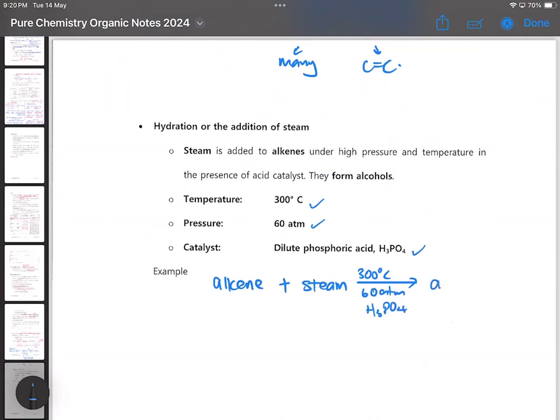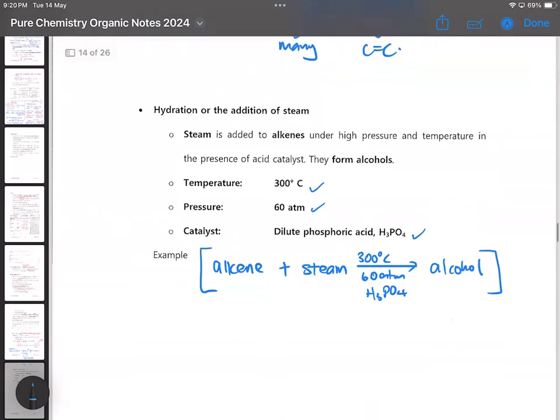So in general, alkenes, when they react with steam under these conditions, turn into alcohol. This is generic. And this is one of the applications: to form alcohol from alkenes.